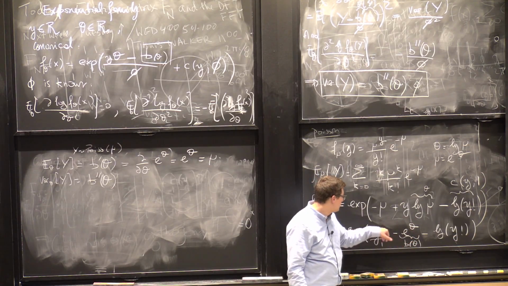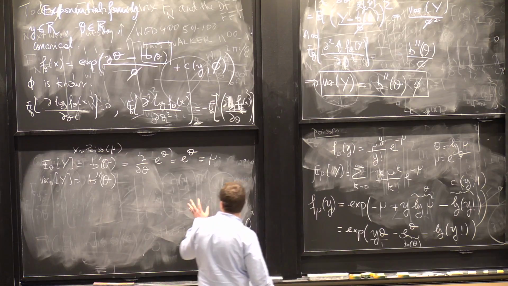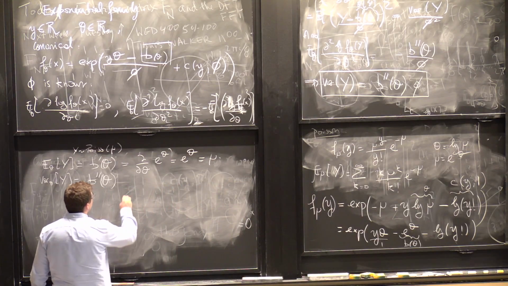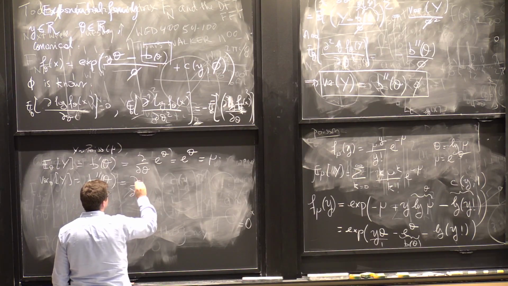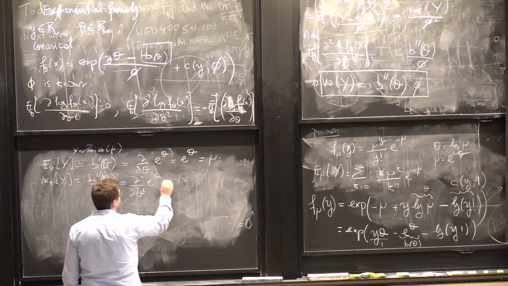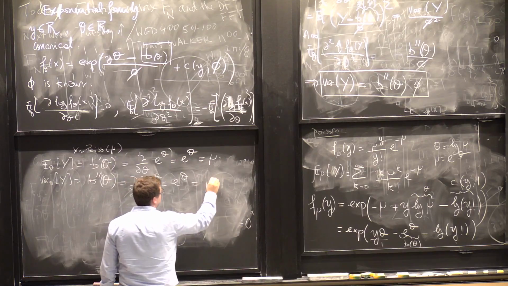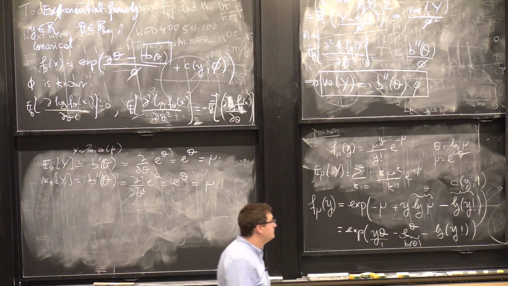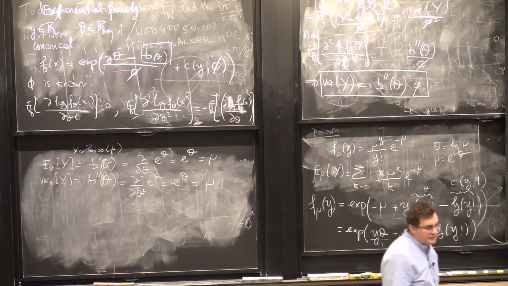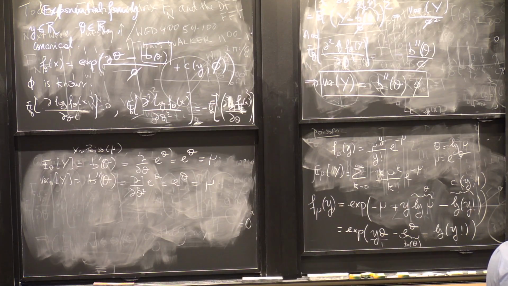So if I just absorb phi here, I would see it divided here, so it would not make any difference. And what is the second derivative of the exponential? It's still the exponential. So it's still equal to mu. Okay? So that certainly makes our life easier.